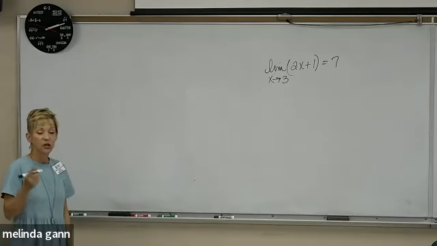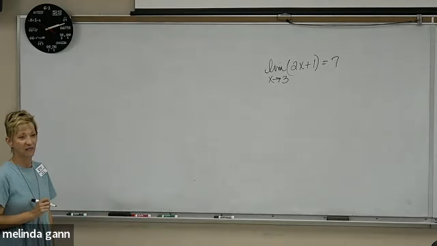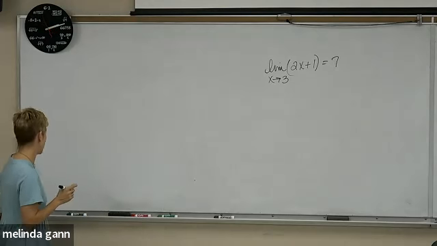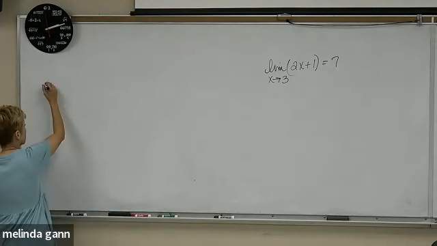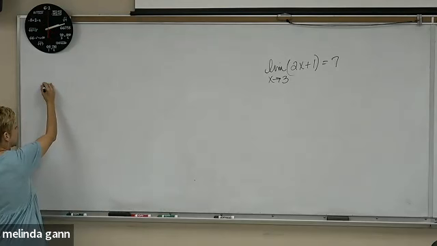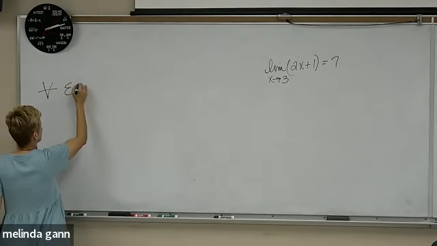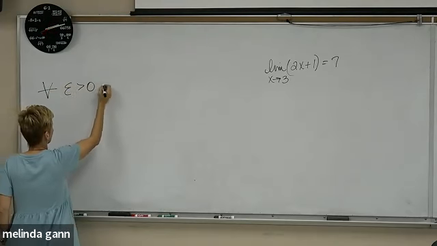You read it out for me, and I'm going to write it in mathematical notation because I'm lazy. What's the definition say? Read exactly what I wrote. For every epsilon greater than 0.